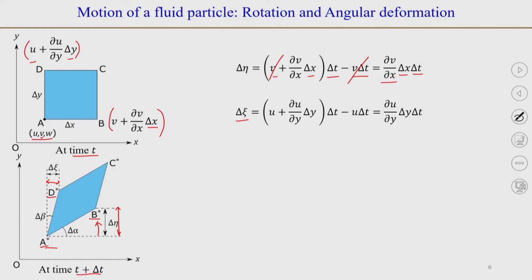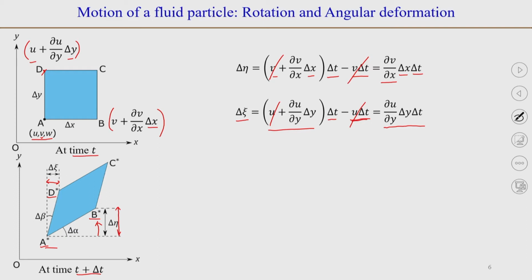So, the distance travelled by point D in time delta t will be its velocity at point D multiplied by time delta t, and the velocity is u plus dou u by dou y into delta y, minus the distance travelled by point A in time delta t along the x direction. So, that will be u delta t. So, we can again cancel out the u delta t terms. So, we get delta psi is equal to dou u by dou y delta y into delta t.